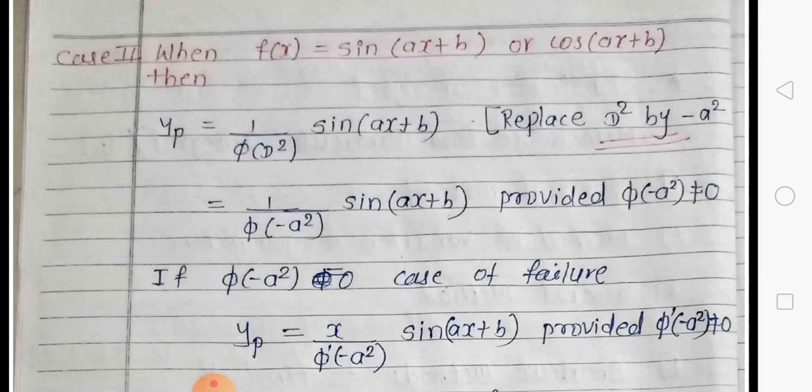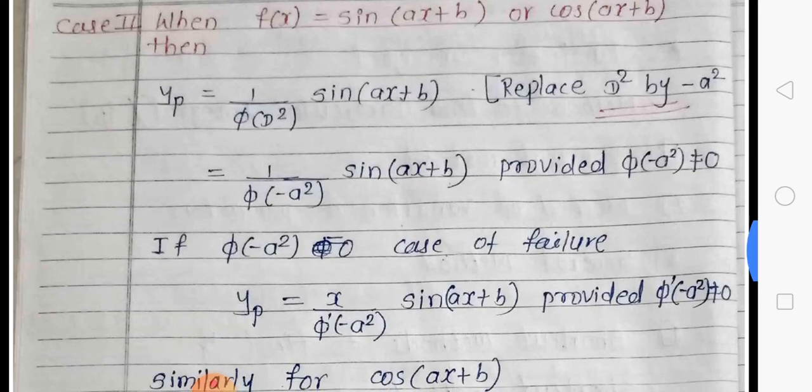Here 1 upon phi of D square into sin(ax plus b), then replace D square by minus a square. If we replace D square by minus a square, then we get 1 upon phi of minus a square into sin(ax plus b), provided phi of minus a square is not equal to 0.